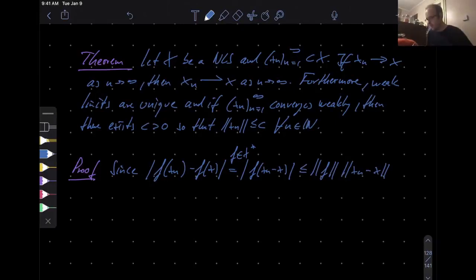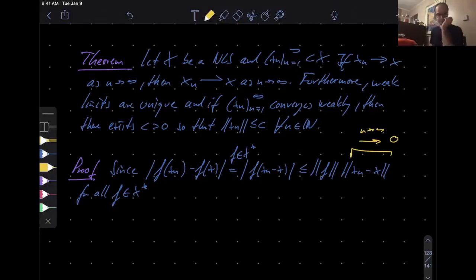Operator norm like this, and this is valid for all linear functionals here in X star, right? So now if you have the ordinary convergence, this right hand side as n goes to infinity will go to 0, hence the left hand side goes to 0, and that's precisely the weak convergence, right?